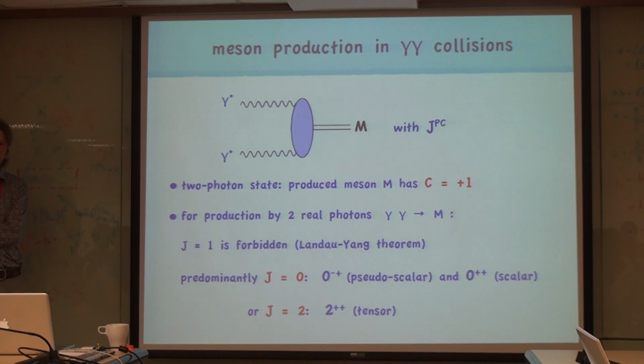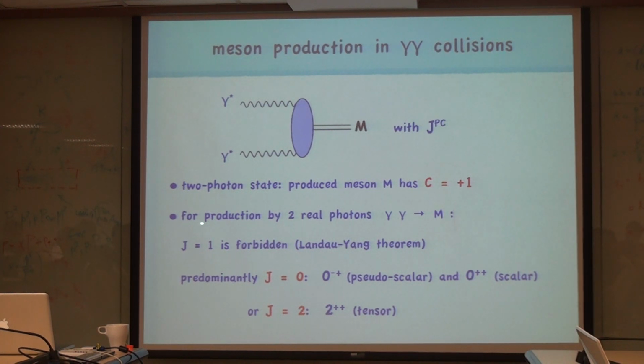And you have two of them. So you can produce in such a process mesons which are eigenstates of the charge conjugation operator with a quantum number +1. For instance, a pi 0 has positive charge parity, but states which have negative charge parity, vector mesons for instance, you cannot produce. So you cannot produce all mesons here. You basically only need to consider states which have positive charge parity.